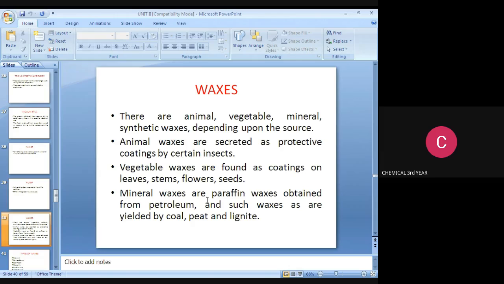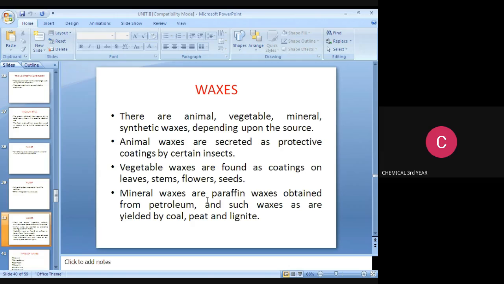So, what are waxes? Based on the source, waxes are obtained as animal, vegetable, mineral, and synthetic waxes. Animal wax is a protective coating secreted by certain insects.